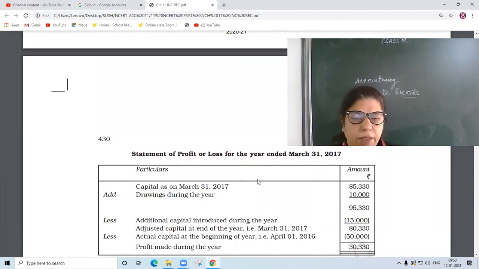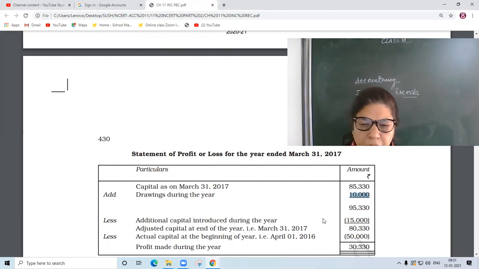Very good. 31st March means closing capital, add drawings, clear? Then the drawings to be added, then additional capital and opening capital to be subtracted.